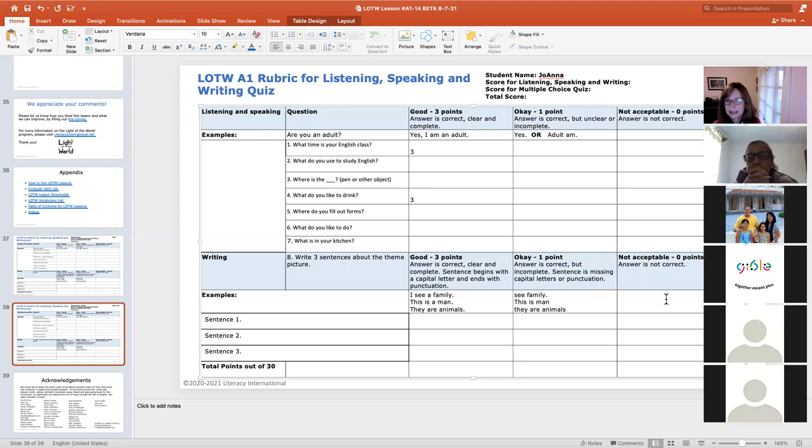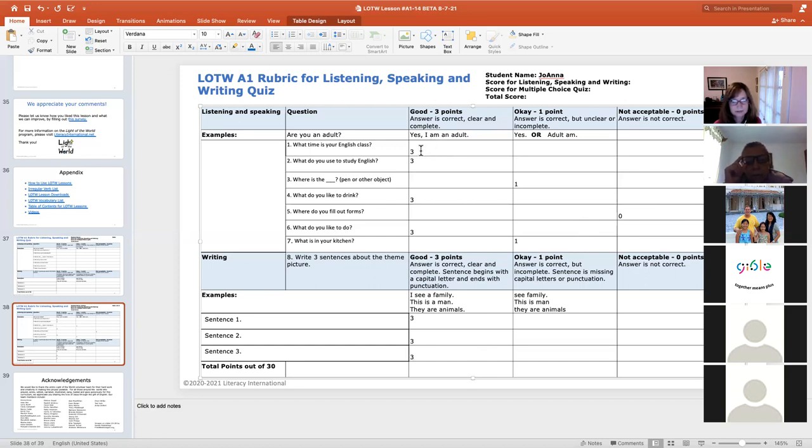So does that make sense on that scoring rubric? Yes. Okay, so once you've got it all filled out, it might look something like this. So they got 3 points here. They got 1 point on this one. And then let's say their writing was all good, and so they got 3 points on all of those. And so then we'll add up our points, right?